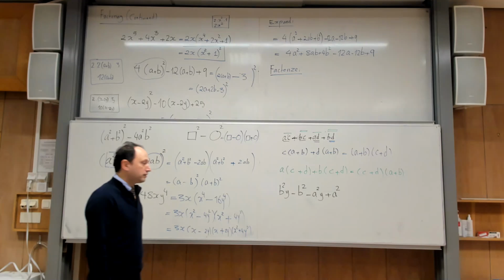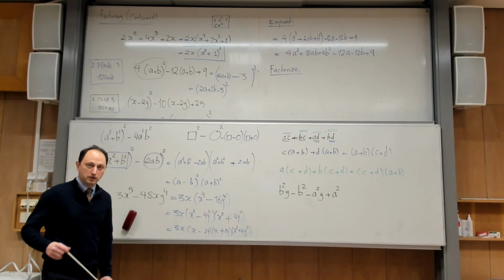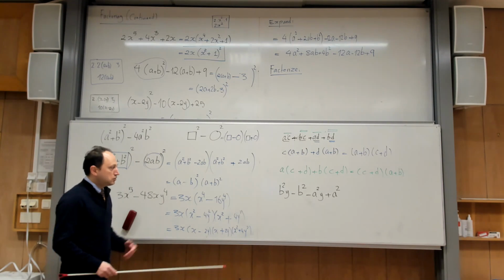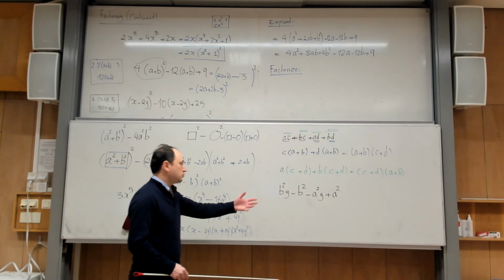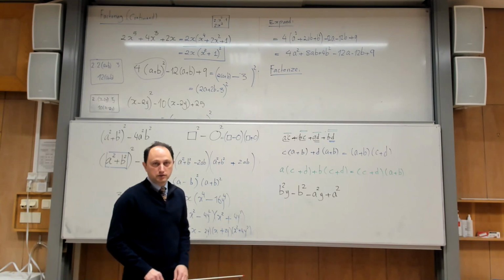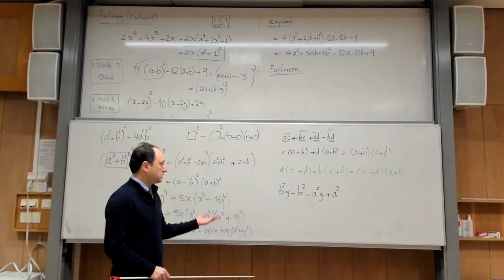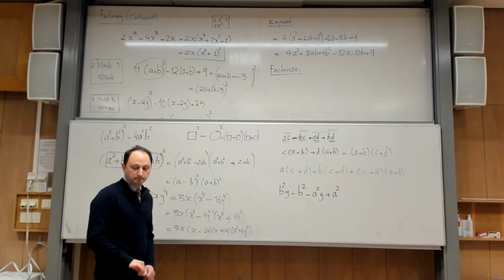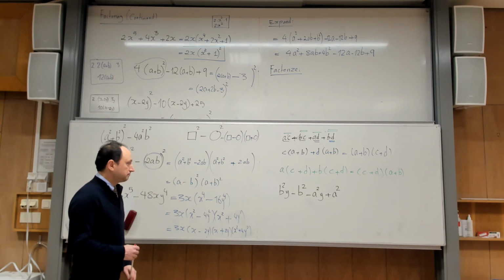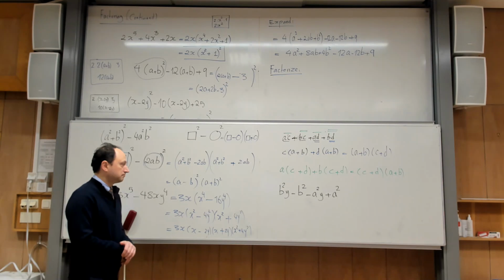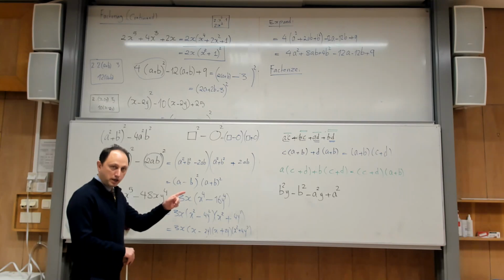For this new method, sometimes you have to do trial and error. It means you need to check in which way you can group the terms so that it works. Do you have any suggestions? Yes, Ali? b squared y and minus b squared, you mean?